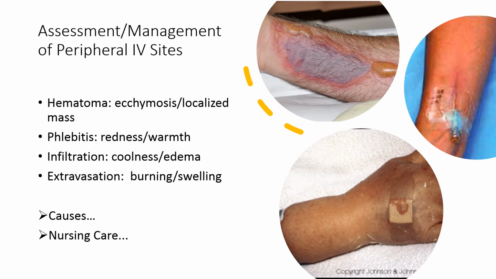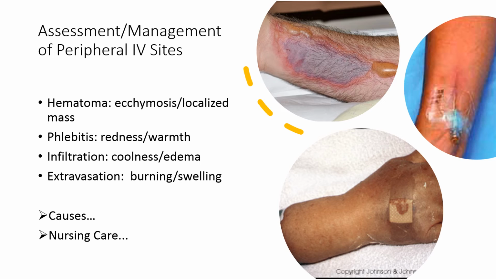The next thing we see is extravasation. Extravasation is seepage of a vesicant substance into the tissue. This causes blisters and subsequent tissue sloughing and necrosis. What we will see with this is pain, burning and swelling, blanching, and coolness of the surrounding skin.